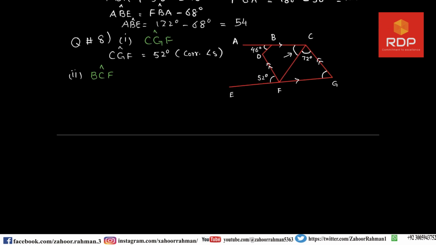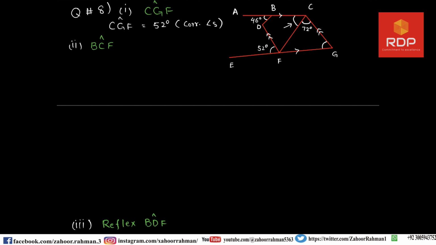So let us find BCF. But before that, we are writing that BCG plus CGF is equal to 180 degrees. And this is due to the interior angles.